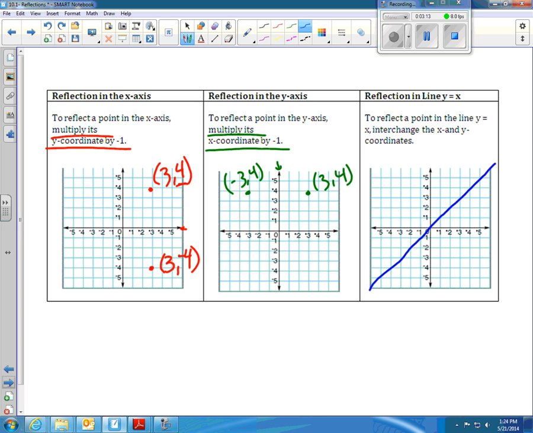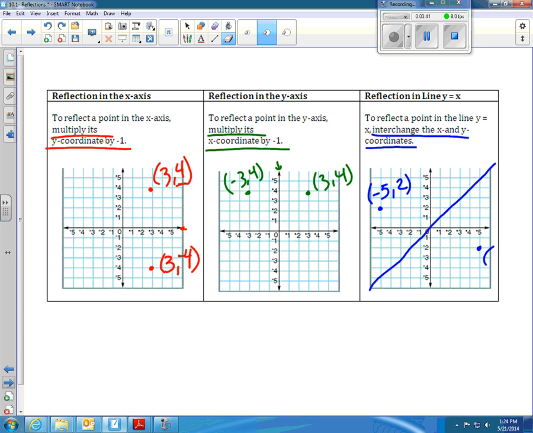All right, the rule says to interchange the x and y coordinates. What interchange means is we're going to just switch those two coordinates. So let's go ahead and pick a point, (-5, 2). Now to make my new image point, we're going to go to (5, -2).